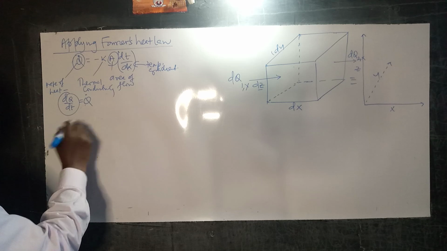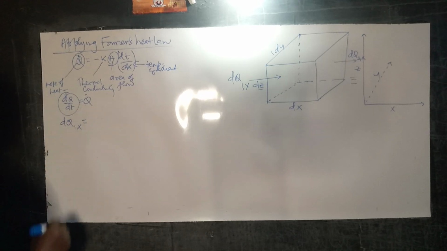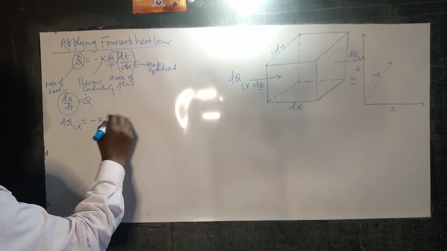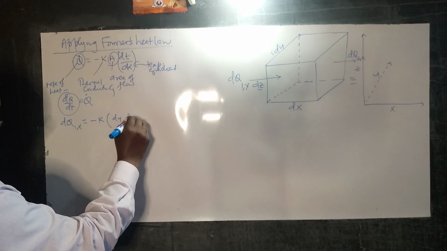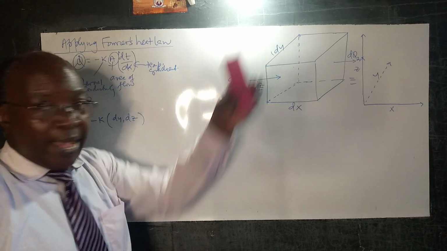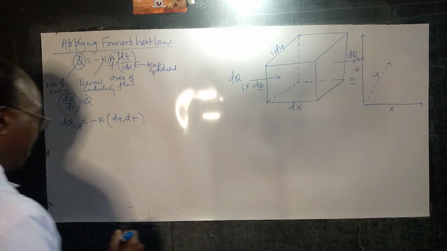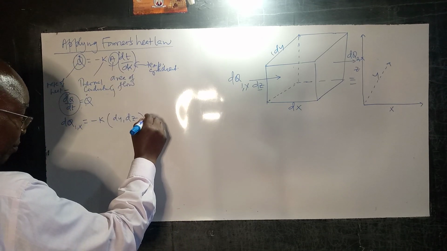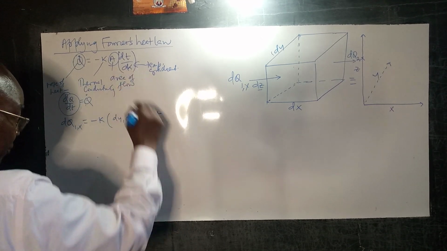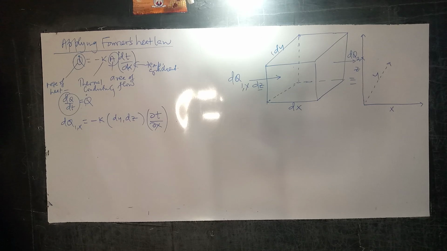So for dq1x, we have minus k dy dz, that element of area, remember dz times dy gives us that area, times the change in temperature with x, for the x-axis.